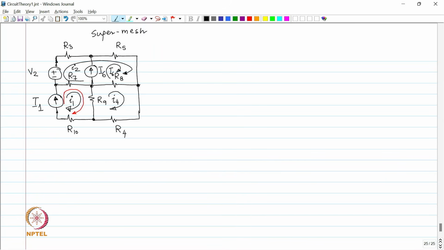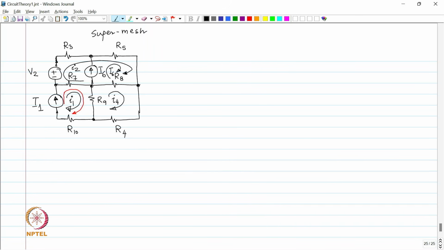I2. What is the current through R5, left to right? Capital I6 plus small I2. What is the current in R8, right to left? Okay. So, it is small I2 plus capital I6 minus small I4. Fine. Is it clear? Great.